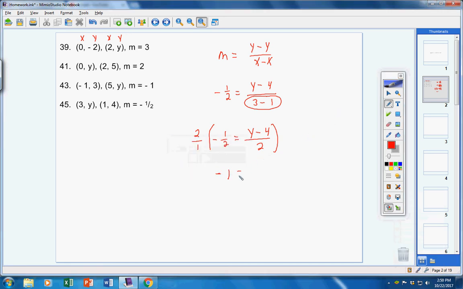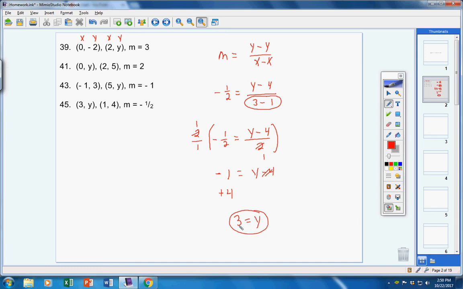Now, students, 2 over 1 times y minus 4 over 2, your 2's would cancel, leaving you with y minus 4. Next, bring your negative 4 over, make it a positive 4, and 3 equals y.